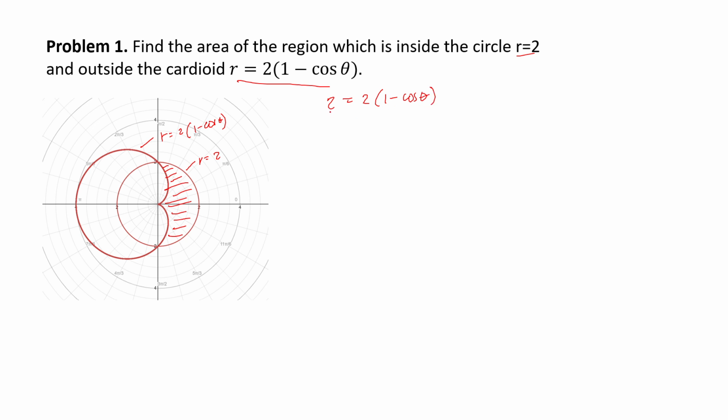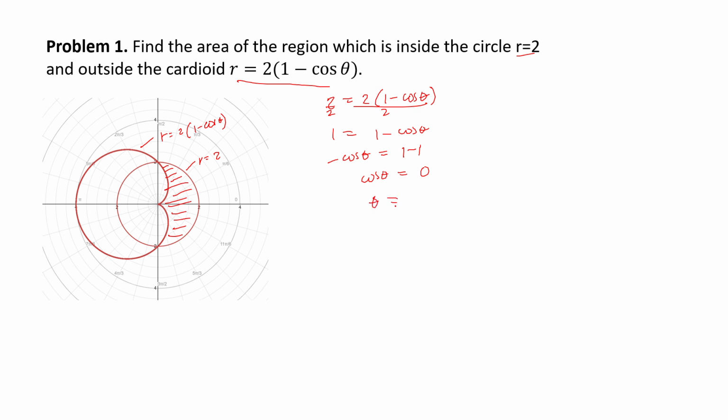So 2 is equal to 1 minus cosine theta. So negative cosine theta is equal to 1 minus 1, so cosine theta is equal to 0.